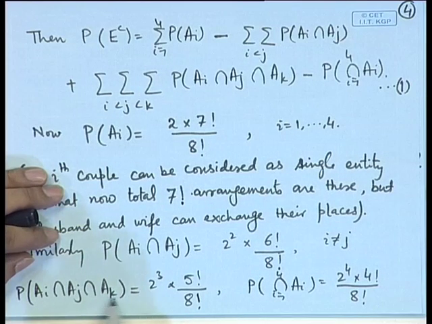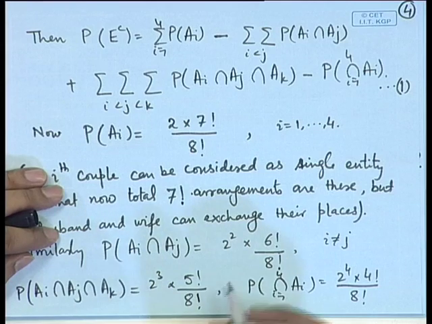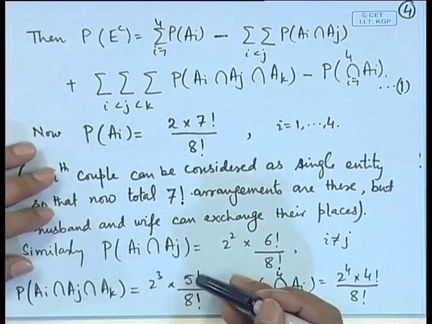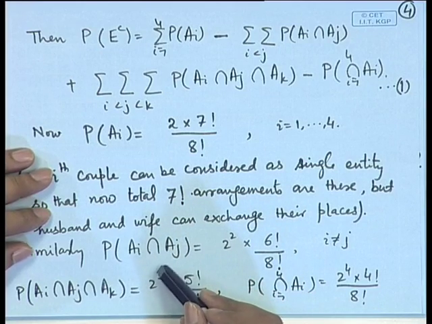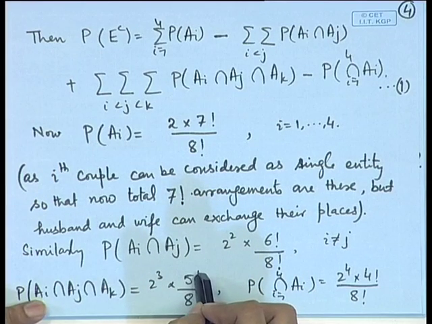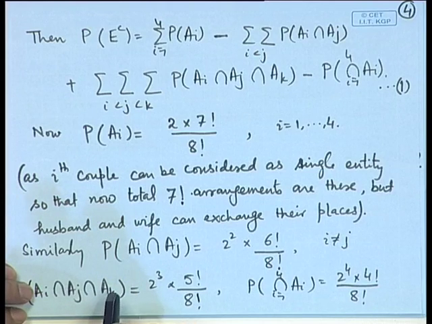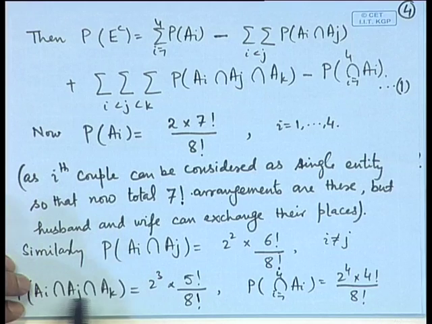In a similar way, if we consider the ith, jth and kth couples sitting together, then the total number of arrangements could be 5 factorial into 2 cube. Let us look at this. If we have fixed the 3 couples, then one extra couple is left, whom we are treating as separate. So, that is 2 persons, and these 3 couples will be considered as 3 entities.